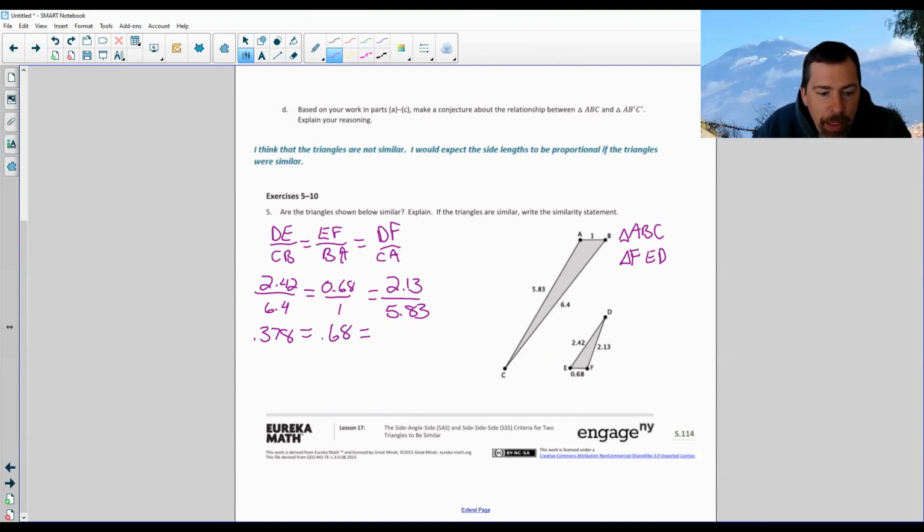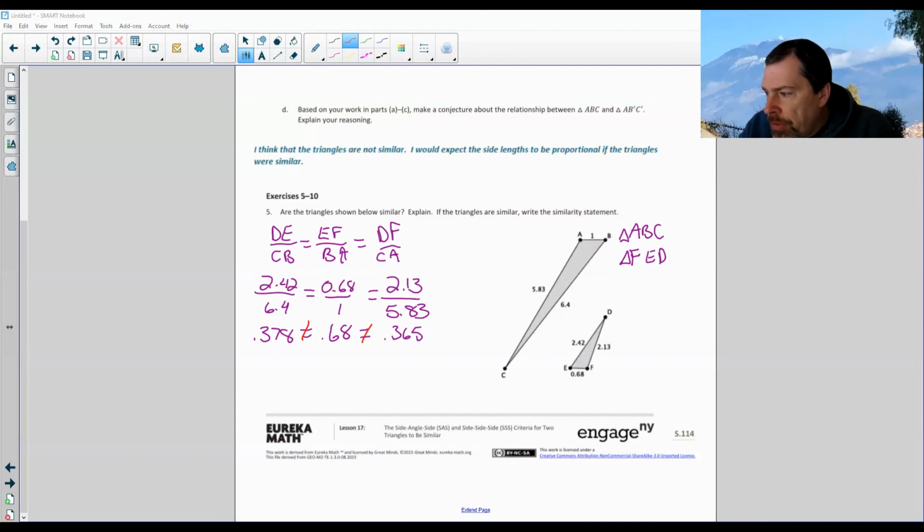All right. And then finally, 2.13 divided by 5.83 is 0.365. Okay, so obviously 0.37 is not equal to 0.68, is not equal to 0.365. So I will do this, and then I'll bring in my conclusion.